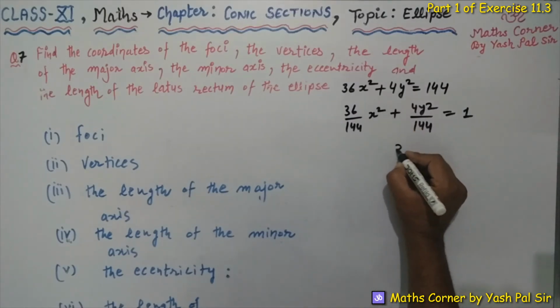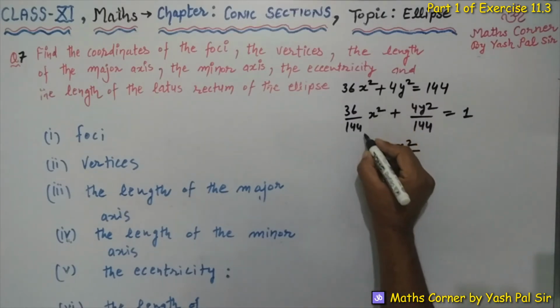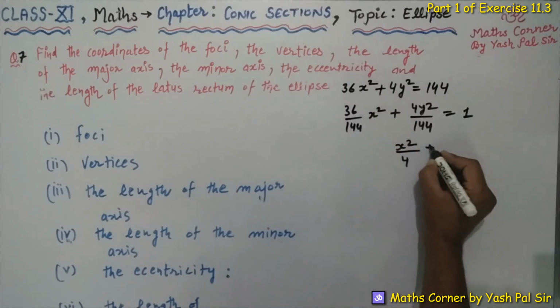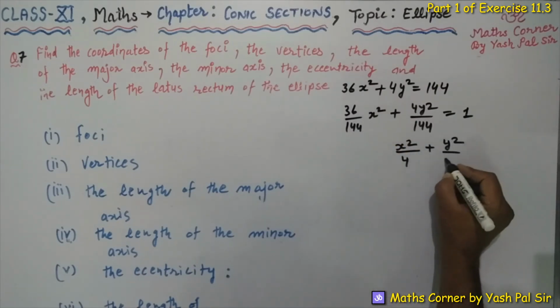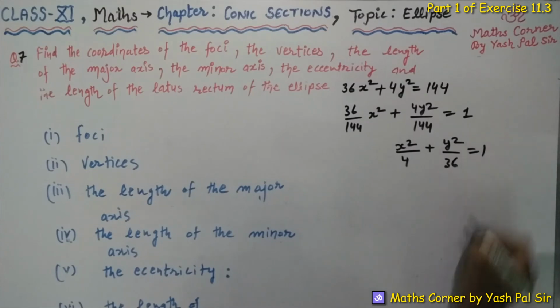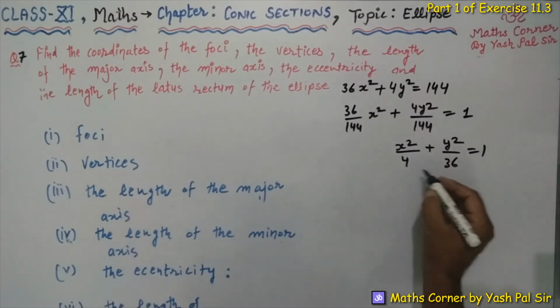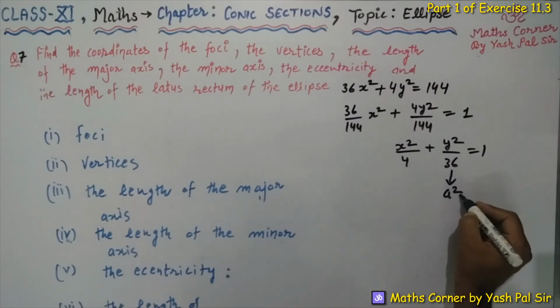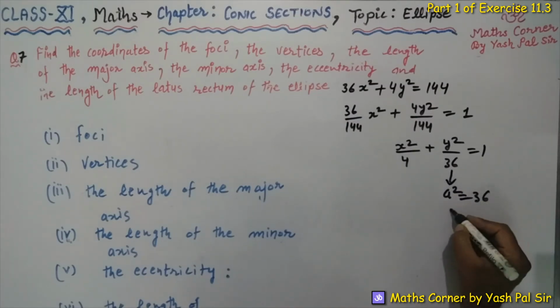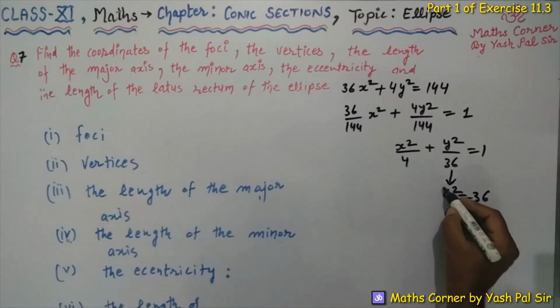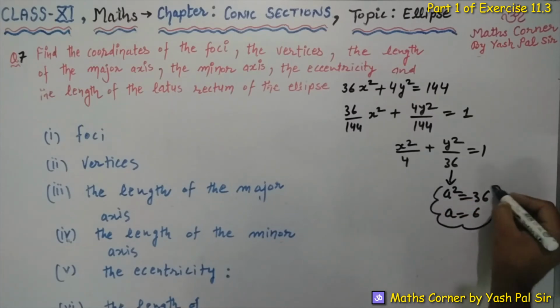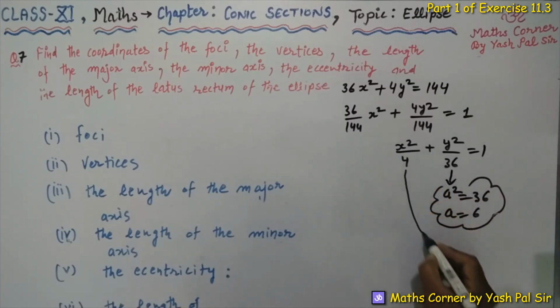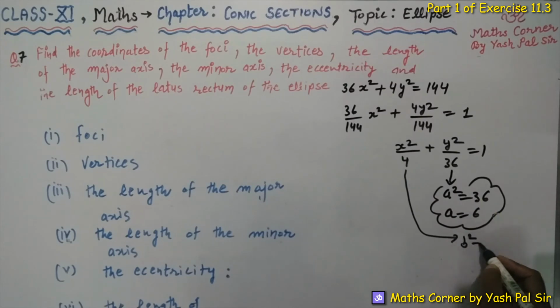So from here we have x square upon 4 plus y square upon 36 is equal to 1. Because this is a square, a is equal to 6. Likewise, this is b square, so b is equal to 2.